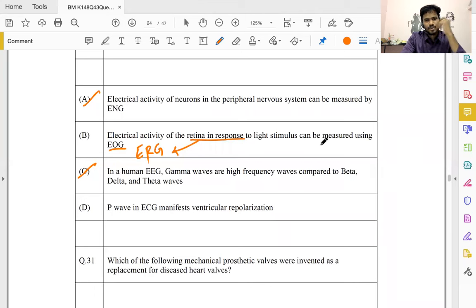Electrical activity of neurons in the peripheral system can be measured by electroneurograph. No, it says can be. Yeah, you can measure it. There is no issue there. This says can be measured.